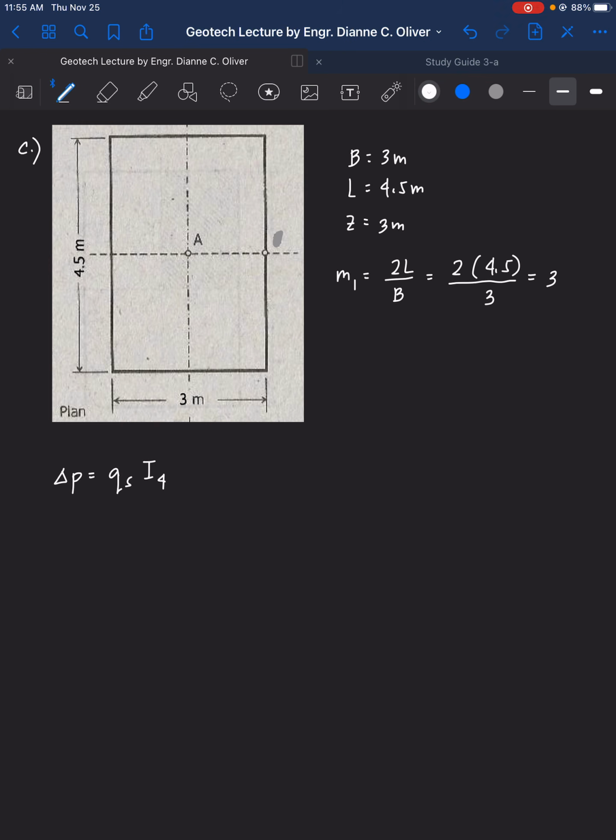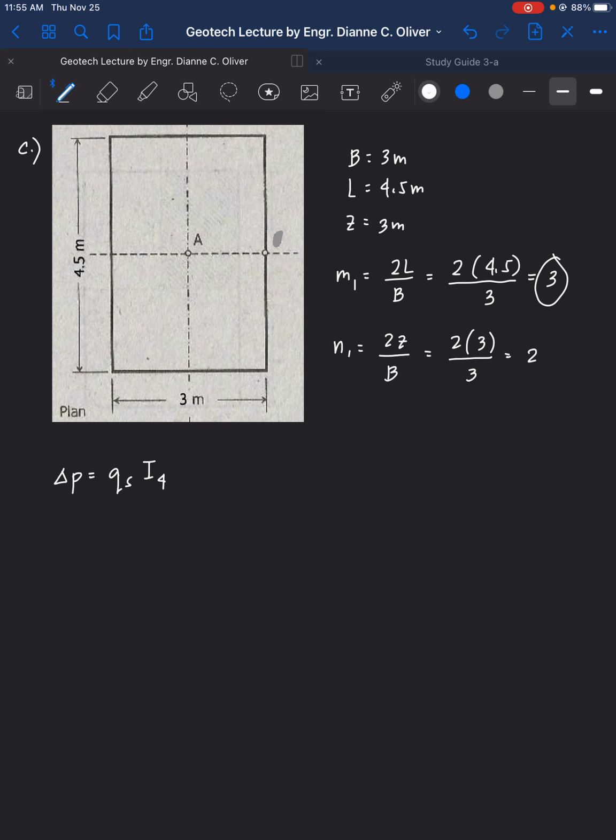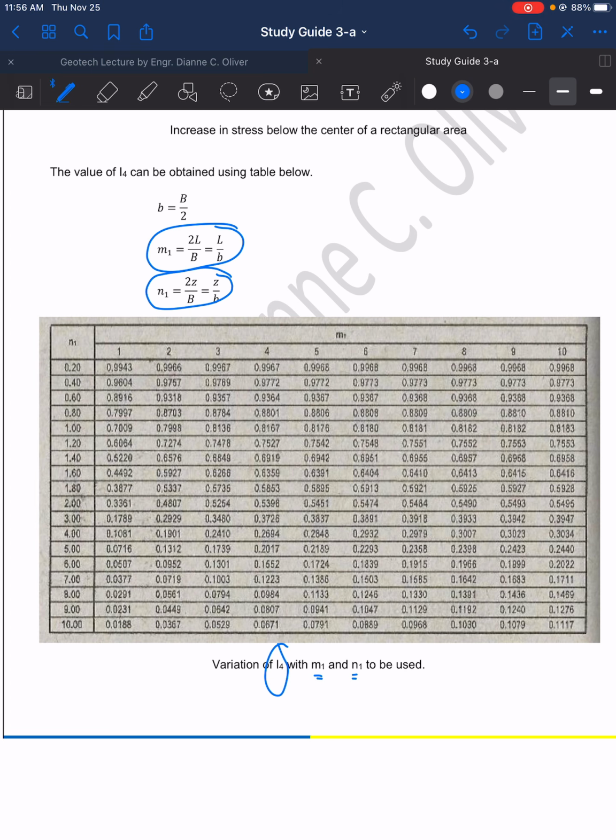So M sub 1 is equal to 3. Then N sub 1 is twice the depth over B, so twice of 3 over 3. So N sub 1 is equal to 2. So M sub 1 is 3, N sub 1 is 2. From the table, M sub 1 is 3, N sub 1 is 2. So this goes to here.